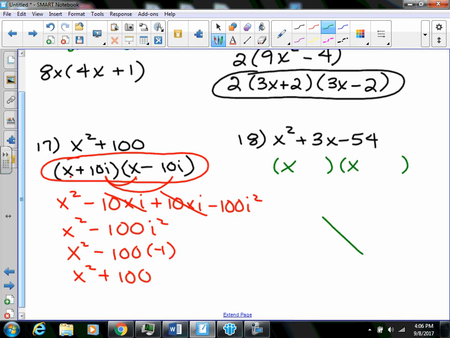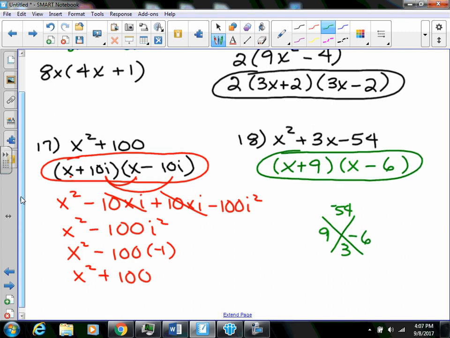And if you use the X method, you would have your negative 54 on top, and then your positive 3 on the bottom. The numbers that you would use would be a positive 9 and a negative 6. So that's going to be x plus 9 here, x minus 6 here. And that's your answer.